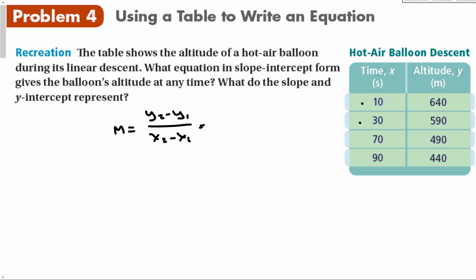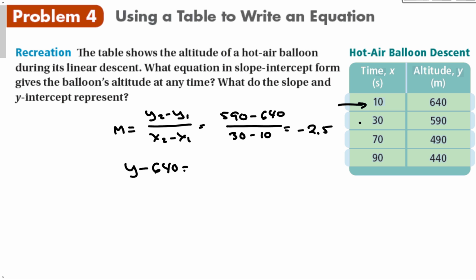So we have 590 minus 640 over 30 minus 10, which gives me a negative 2.5. Okay? So when we plug this in, we can use any point we want. Let's pick the first one. So that becomes y minus 640 is equal to negative 2.5 times x minus 10.